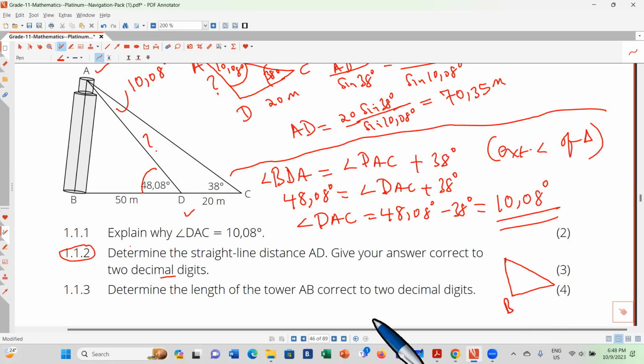This one is B, this one is A, and this one is exactly D. This is 50. This one is 48,08. AD we already know. This one here we already know is actually 70.35. Okay, we have this.